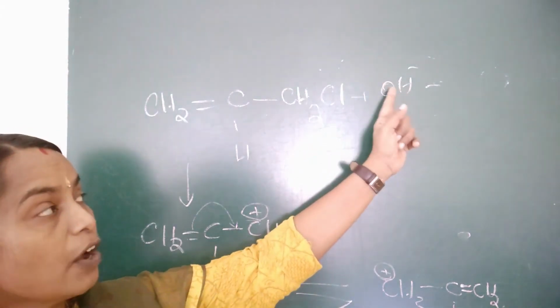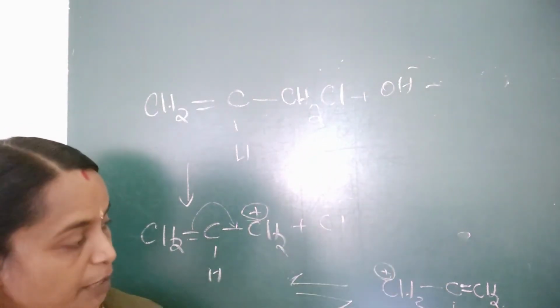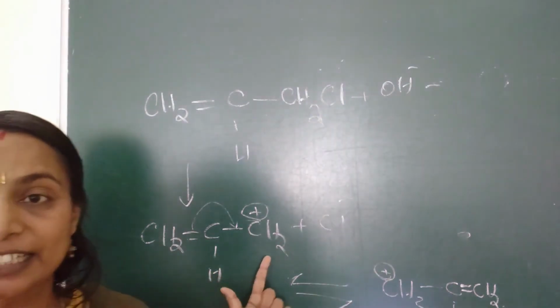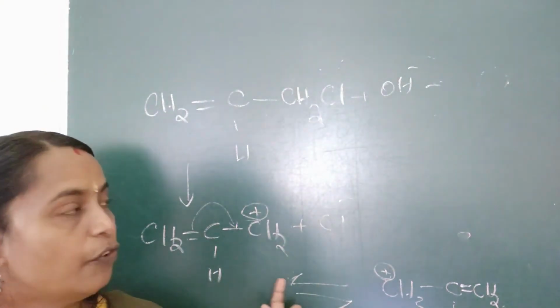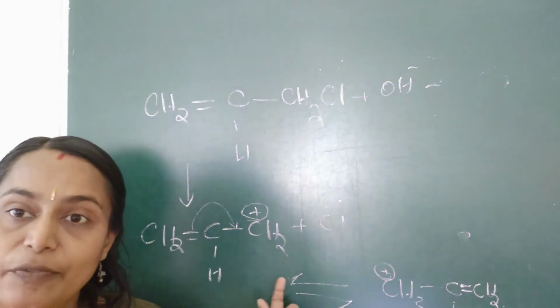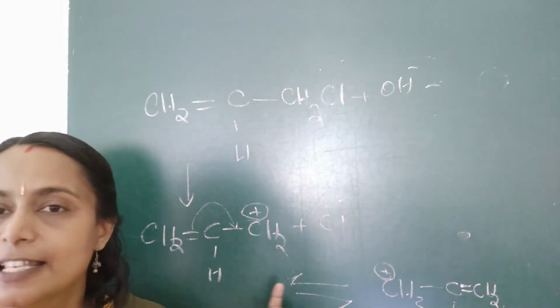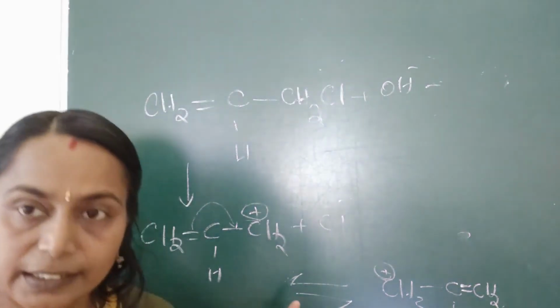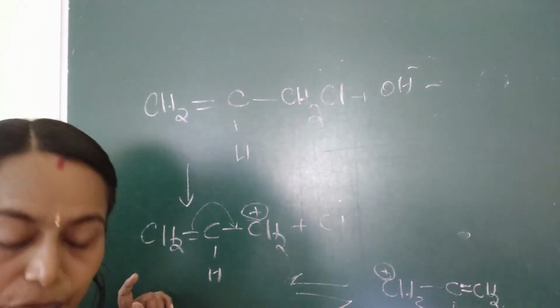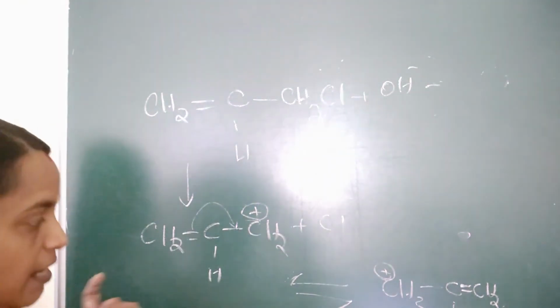That is, the attack of OH- takes place after the carbocationic site is formed, and it follows the SN1 mechanism rather than the SN2 mechanism. Allylic halides undergo the SN1 mechanism for nucleophilic substitution reaction.